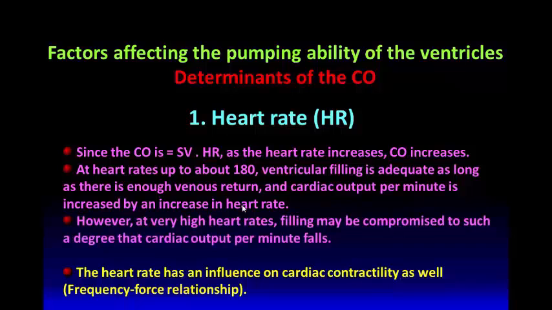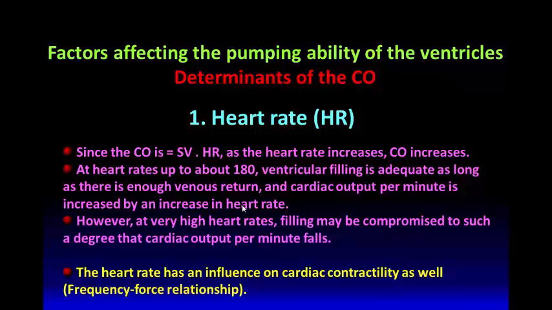However, at very high heart rates, diastole is very much shortened and filling of the left and right ventricles may be compromised during this shortened diastole to such a degree that cardiac output per minute falls. So this is how changes in the heart rate affect the cardiac output.